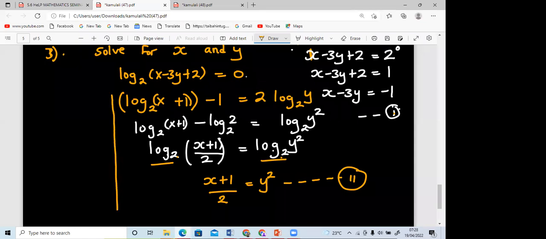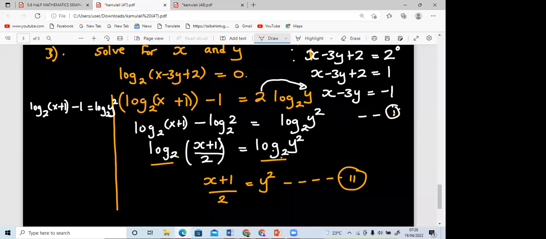Okay, just a minute. When you look at equation 2, you had log 2 of (x plus 1), then minus 1 is equaling 2. So this 2, I can make it come back here, and I remain with log 2 of y to the power 2.